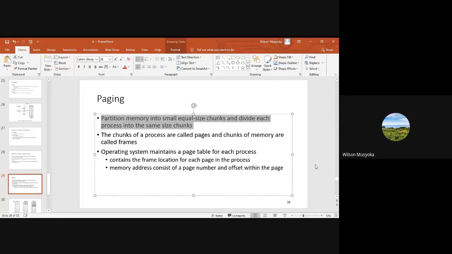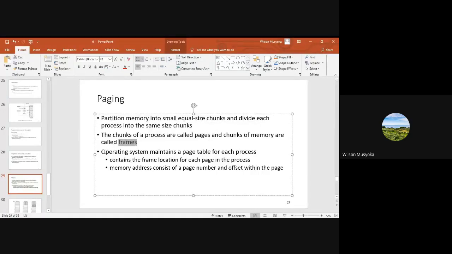And then those chunks of memory are going to be assigned to particular processes. Those are the ones we call pages. That is, processes which have been assigned into memory chunks. Now, those chunks of memory are normally called frames.